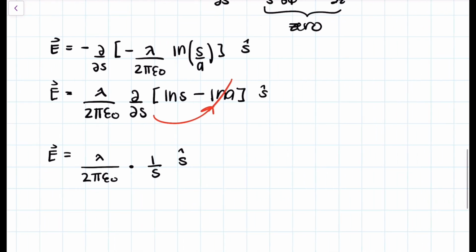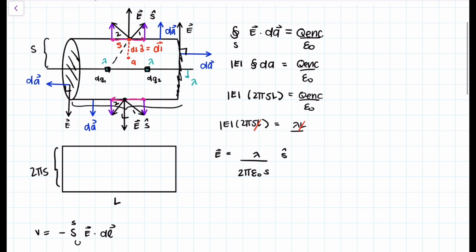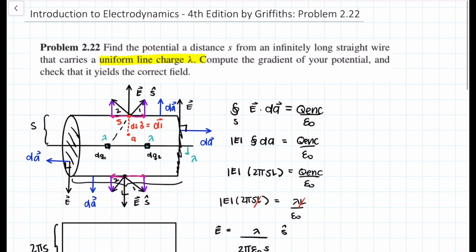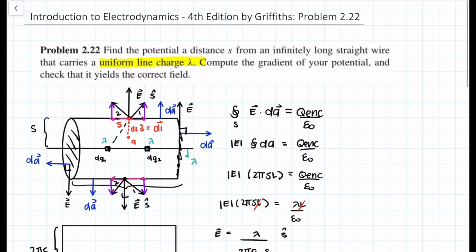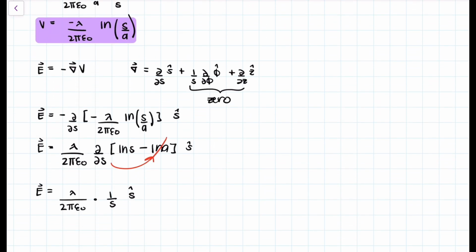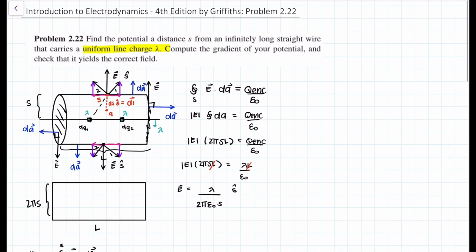All right, so our final answer yields lambda over 2 pi epsilon naught s, and we actually got that answer earlier on top. So we have correctly found the potential, and we confirmed by taking its gradient that our electric fields do match. Okay, and that's all. Thank you so much.